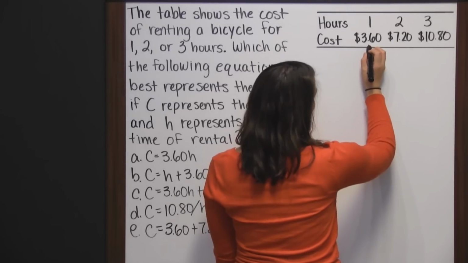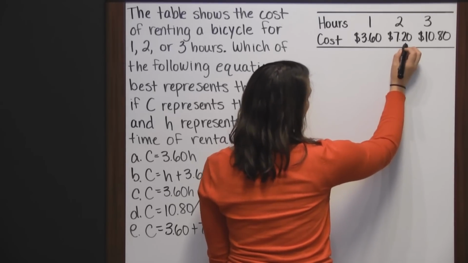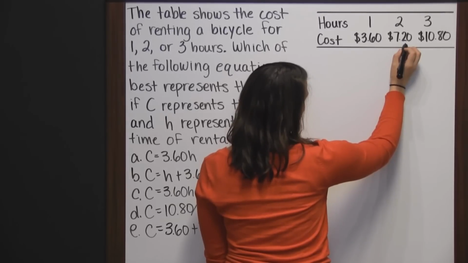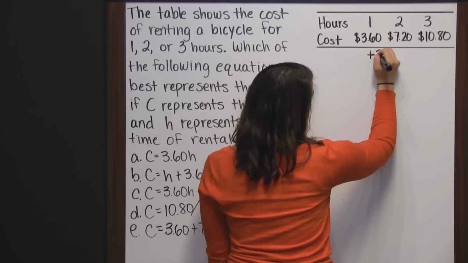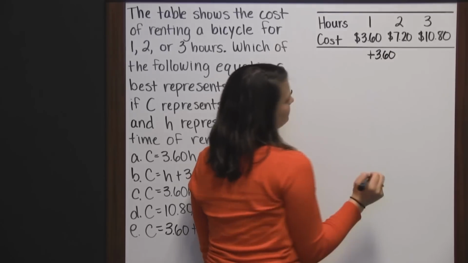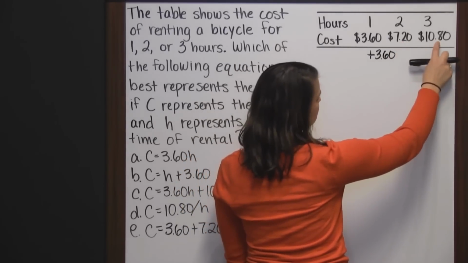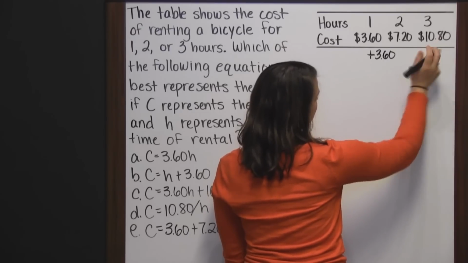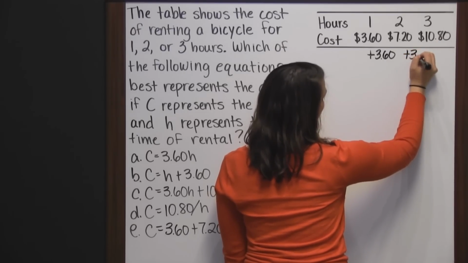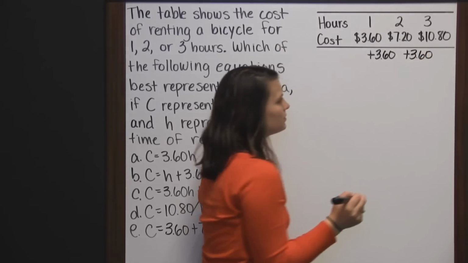So from $3.60 to $7.20, I'm adding $3.60. From $7.20 to $10.80, I'm again adding $3.60.